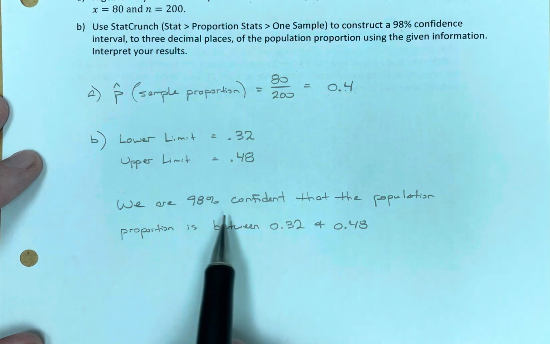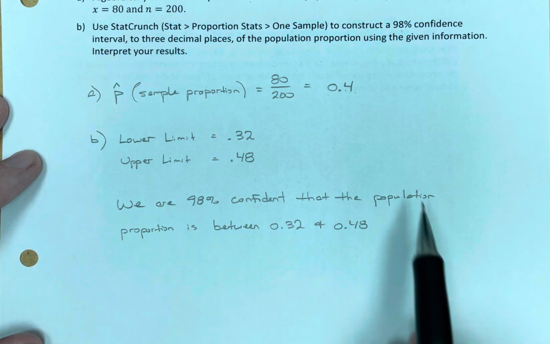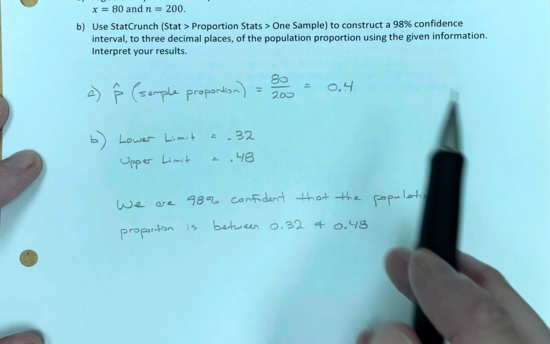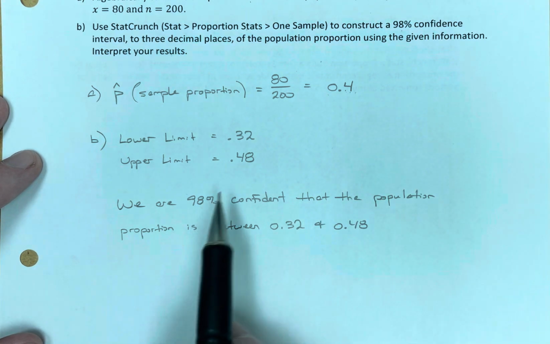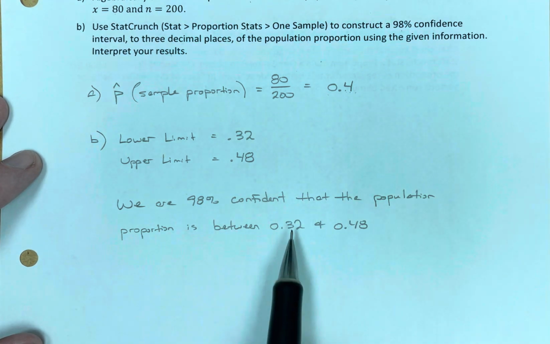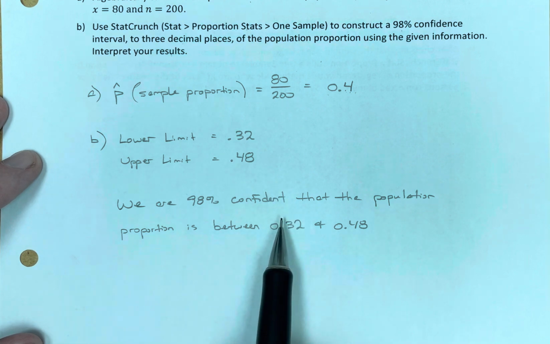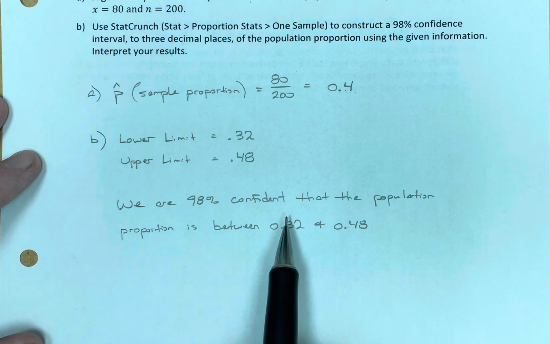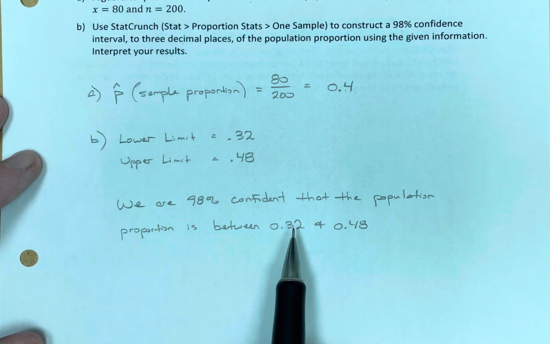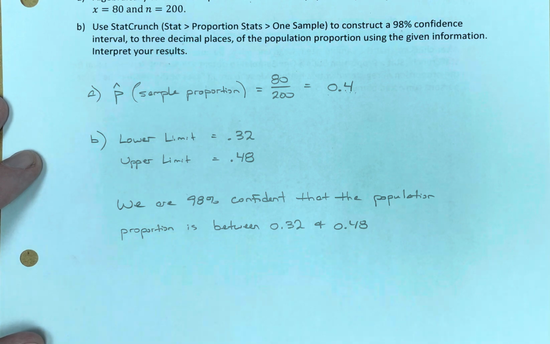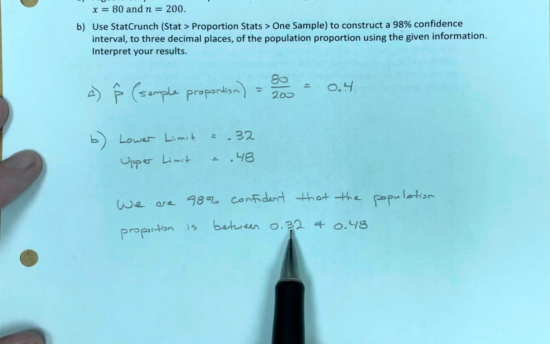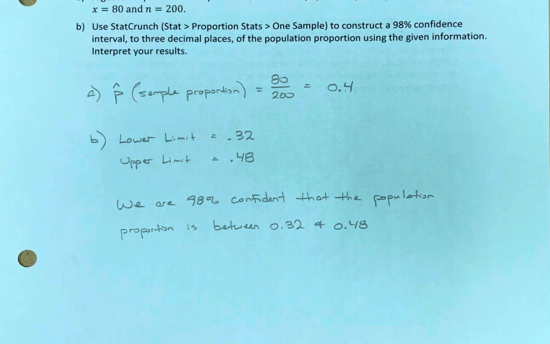Okay, so I want to be 98% confident in what I think it is. Well, I'm 98% confident that my population proportion, the number of people in the population who said yes, for example, will be between 0.32 and 0.48. The proportion will be between 0.32 and 0.48.